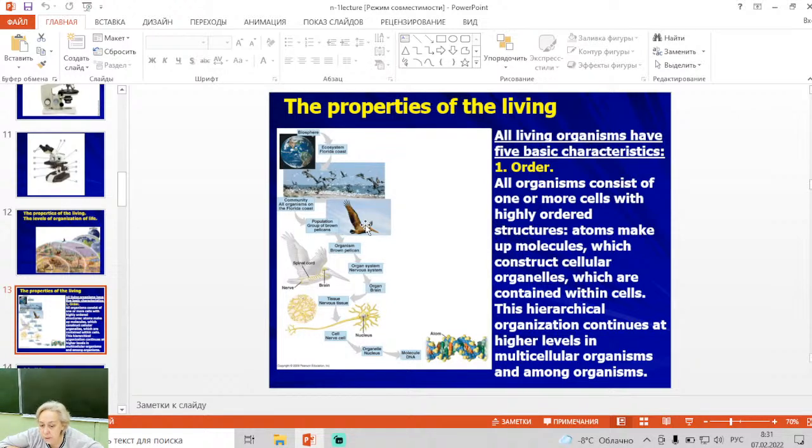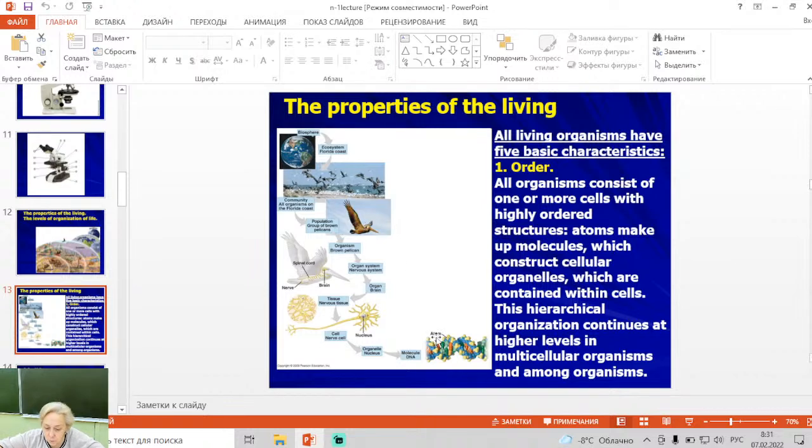All organisms consist of one or more cells with highly ordered structures. Atoms make up molecules which construct cellular organelles which are contained within the cell. This hierarchical organization continues at higher levels in multicellular organisms and among organisms.